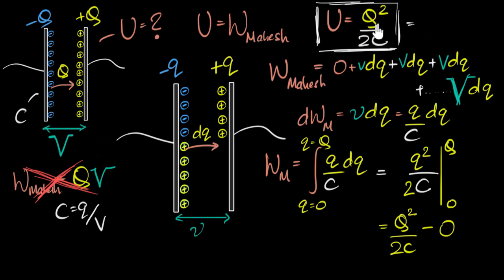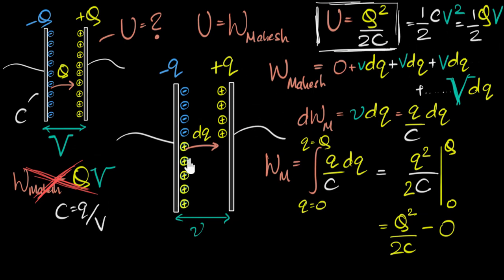If I substitute Q equals C times V, total charge equals capacitance times voltage, I can also write this as half C V squared, since the square cancels one C. And if I substitute for C, C equals Q over V, and you can do that yourself, you'll get half Q times V. All I'm doing is substituting these values and changing the variables.